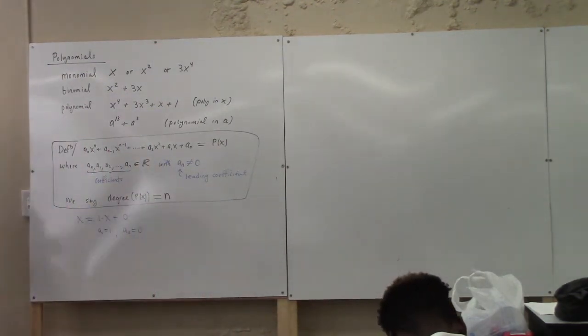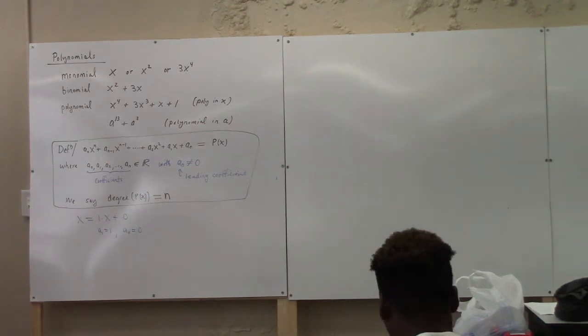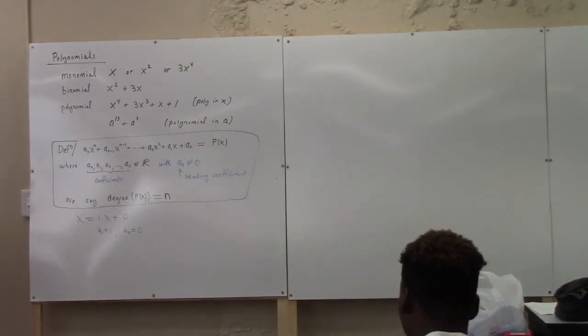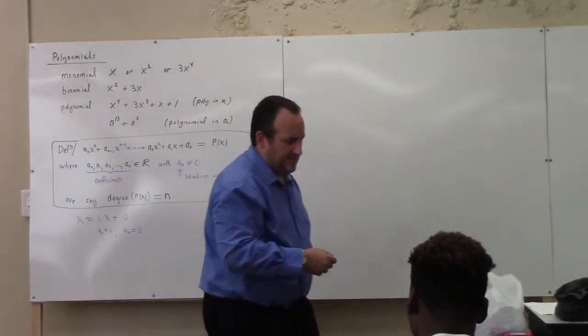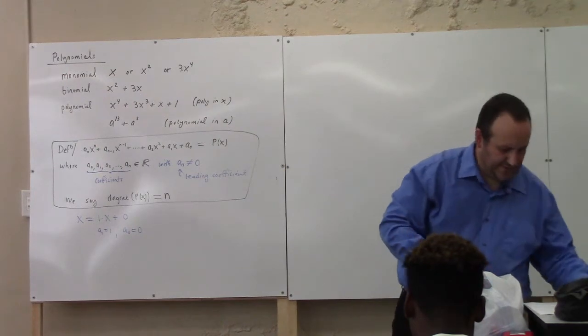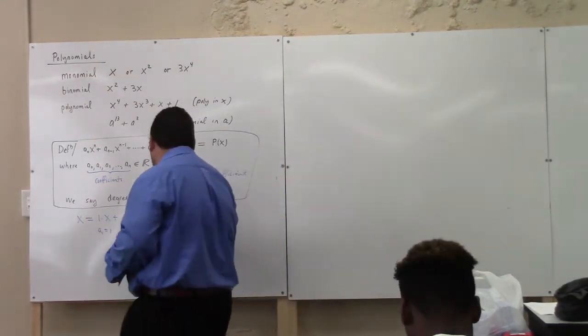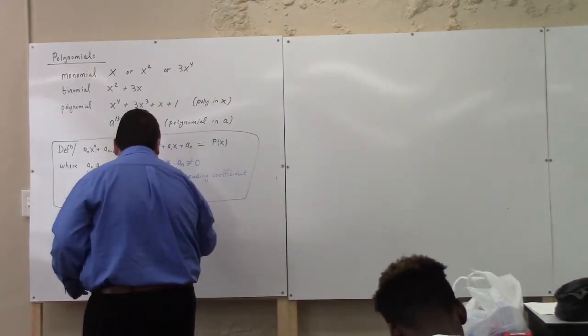How about x squared plus 3x? Oh, goodness. That stupid cough sneaks up on me sometimes, guys. Phew. x squared plus 3x.